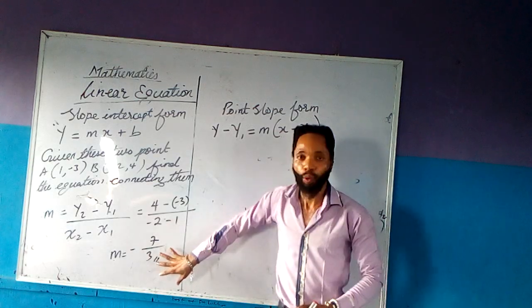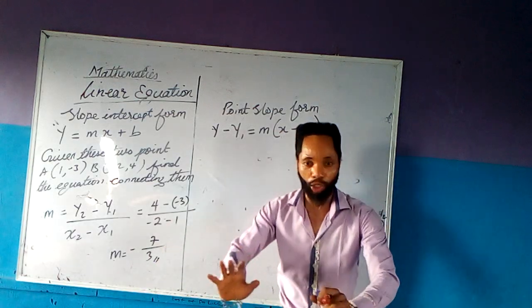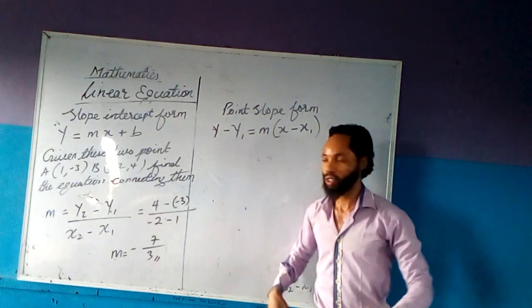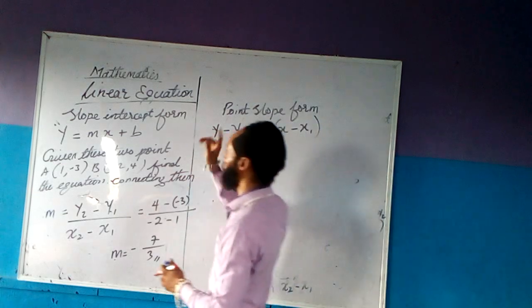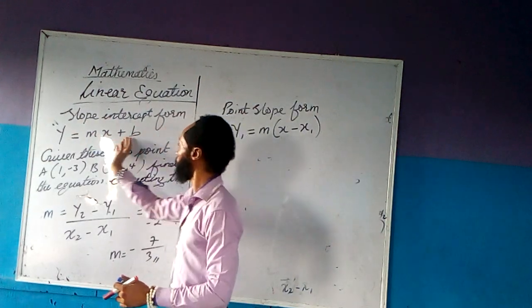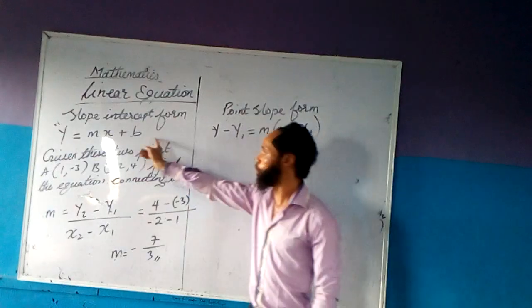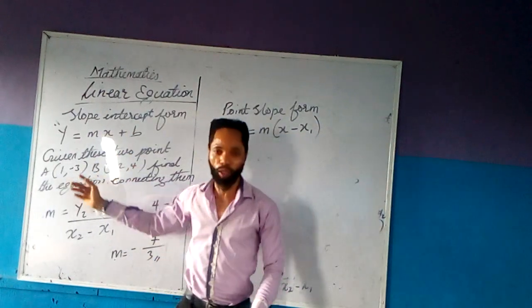Once we have our slope, you just need a point to find the equation. You can choose to use slope intercept form or point slope form. Let's pick a point. Which point do you want us to use, A or B?